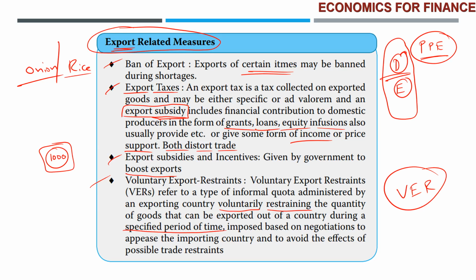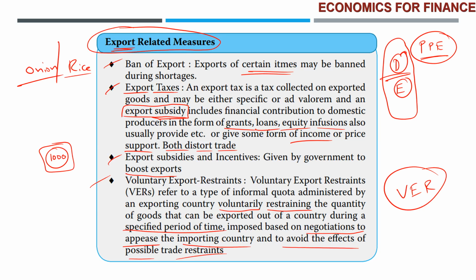It is not banning, but it is putting a restraint on the quantity of the goods that can be exported during a particular period. This will not be infinite, for a specified period of time. Usually this is imposed based on negotiations, to appease, just to give the other government, the importing country, a little bit of happiness, and avoid the effects of possible trade restraints.